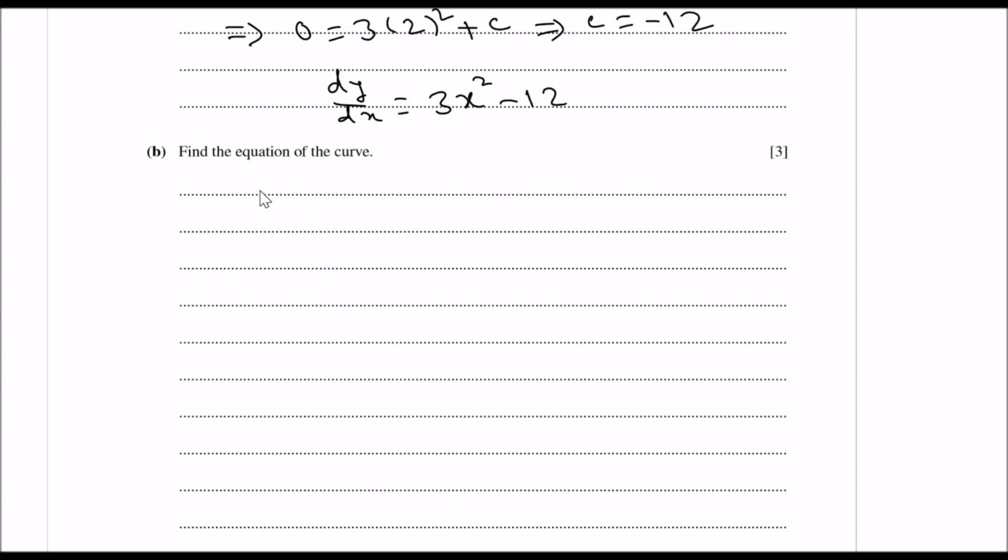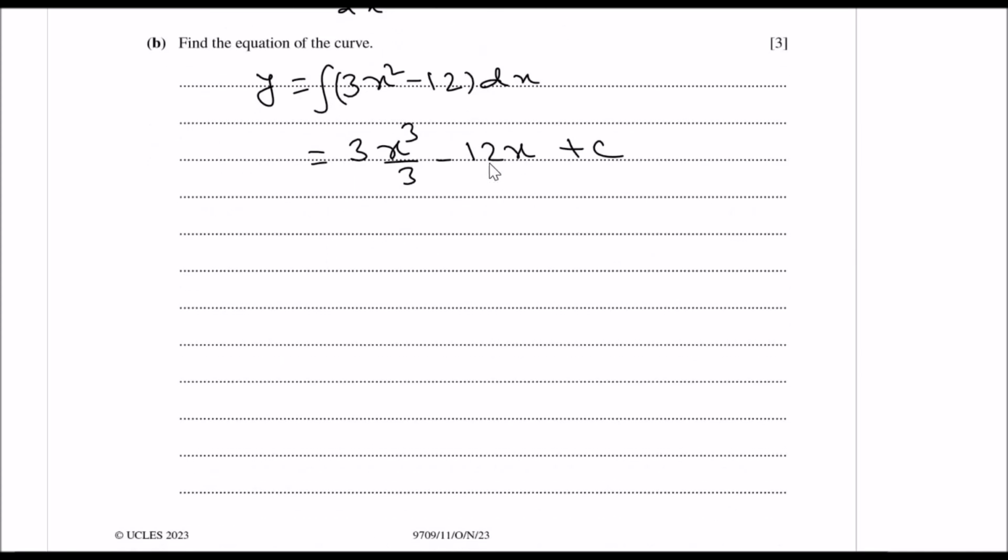So if we integrate this, we get y = the integral of (3x² − 12) dx. Now this gives us 3 times x³ by 3 minus 12x plus c, right?